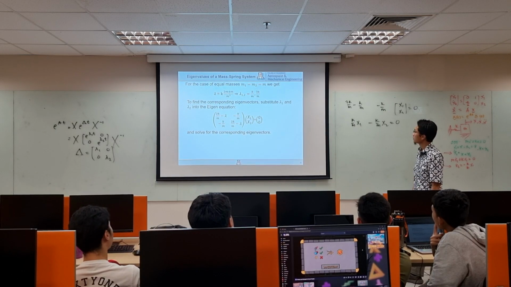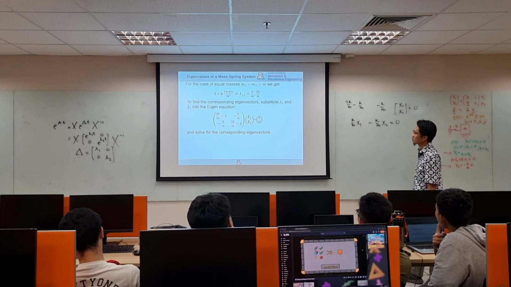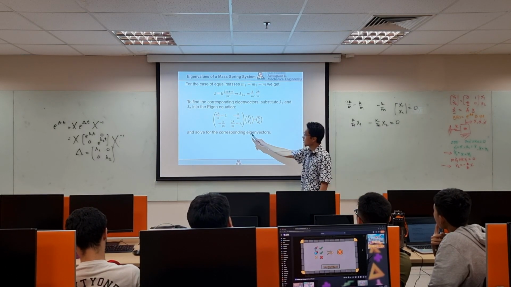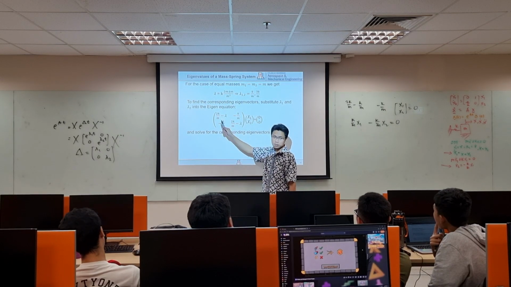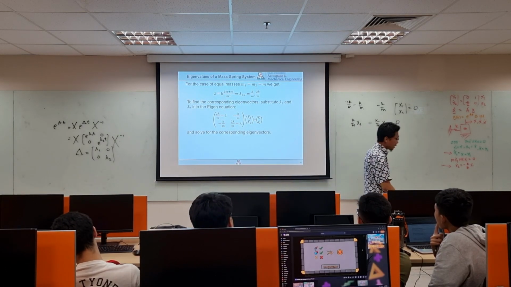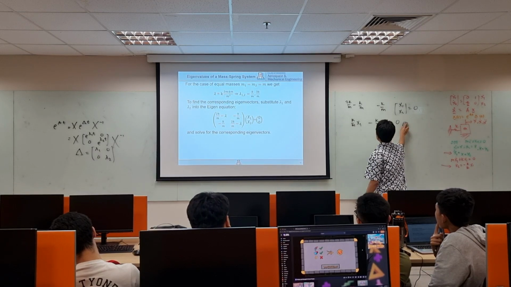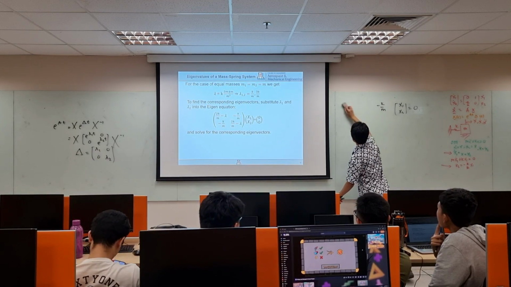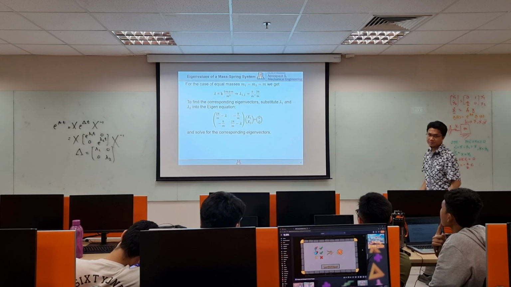So where do we get the 2k over m minus k over m? From here, right? Or do I have to write everything? I mean, where does the equation come from?